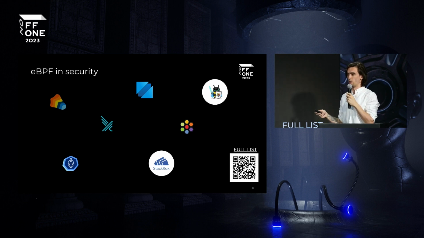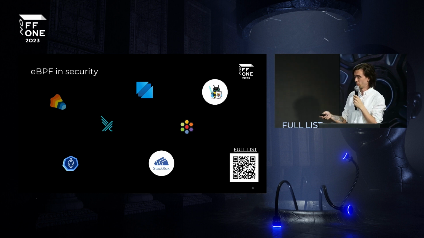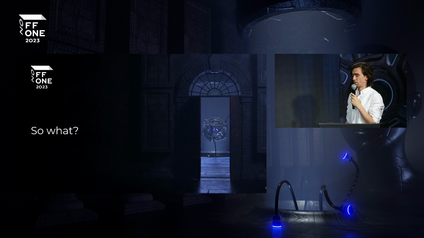eBPF is also used by commercial products, not just open source products. And you can ask any vendor what they use to protect the Kuber, and they would probably tell you, well, it's a high probability that they use eBPF-based tools for ensuring security. So I think it would be of interest to vendors to learn the outcomes of the research.